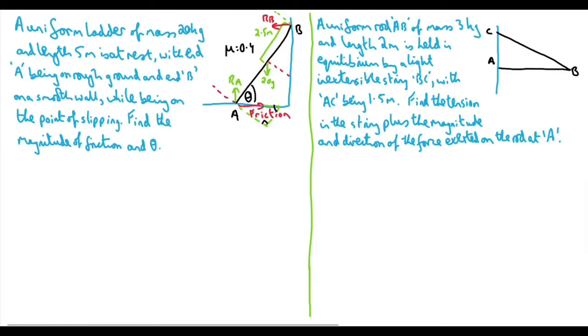Because this line here and this line here would be parallel, they're both going to be acting in the same direction. Basically, this angle is going to be the same as your theta from here.